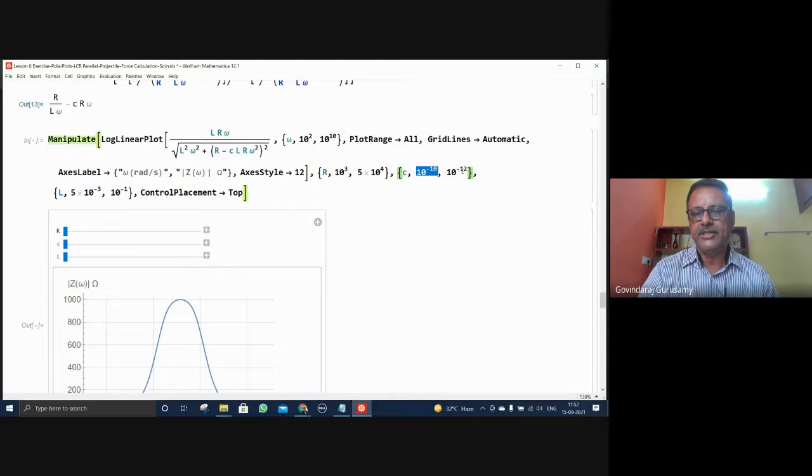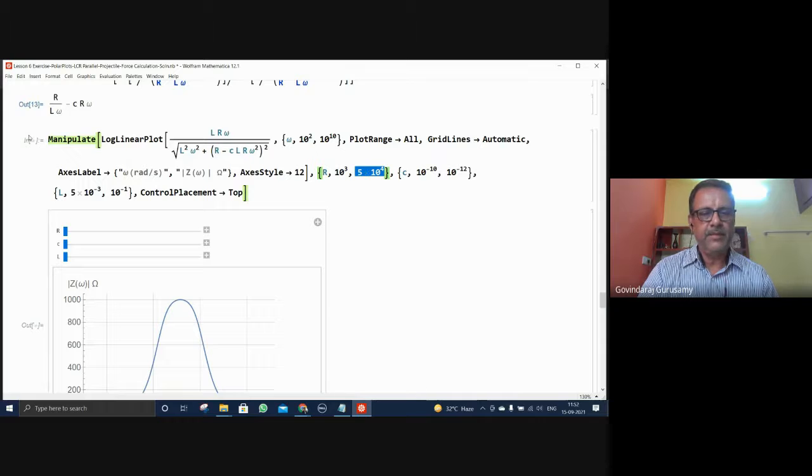Am I right? 10 power minus 10 is greater than 10 power minus 12. Similarly, here it is smaller to bigger, while here it is the other way around. And here again, this is smaller to bigger.